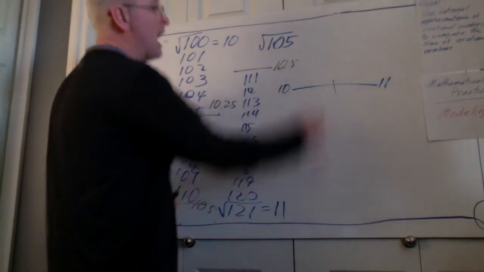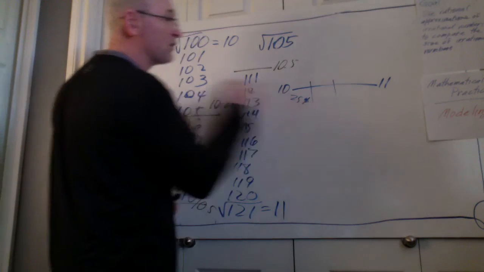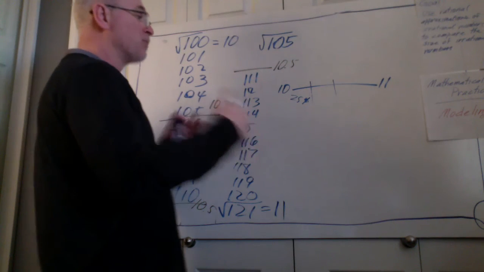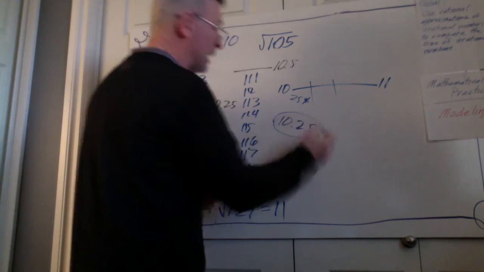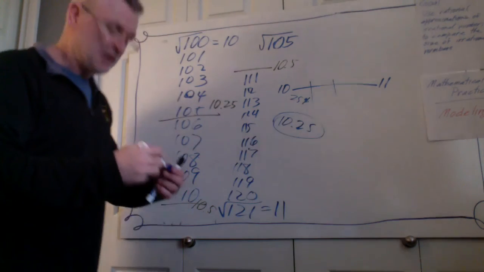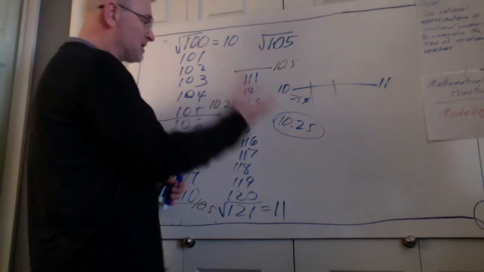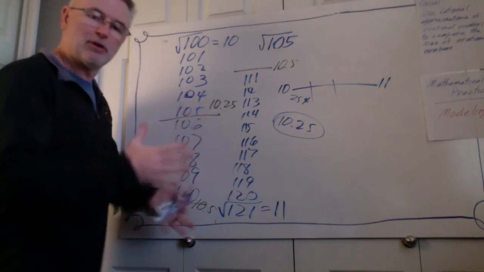So I looked at how far 105 was. Well, 105 was 25% of the way. So I took 25% of 1, which is 0.25, and I just added it, and I nailed it. All right. Now that's a business calculator, and it rounded it to hundredths, but still, I'm just messing around trying to figure out, well, it's probably close to this.